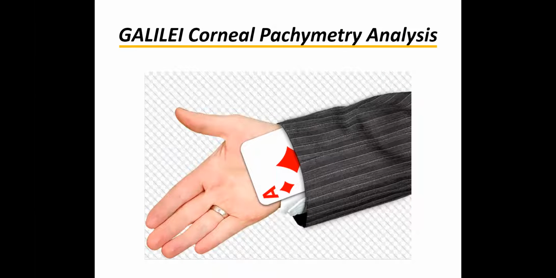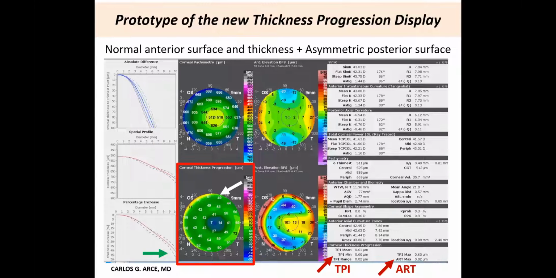So presently, and only for a few people, we have, and of course, in the new software, hopefully this year, is coming the Galilei corneal pachymetry analysis. Okay, so no other devices have as complete an analysis of pachymetry as we are going to have in the Galilei.